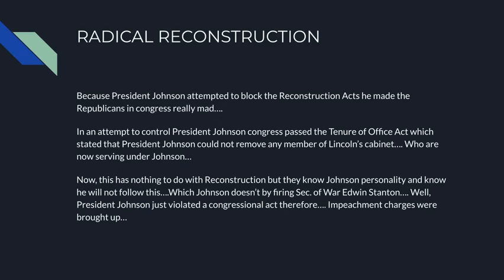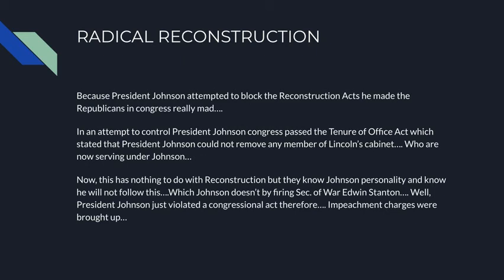It's basically just kind of a screw you move, all right, to President Johnson, knowing that Johnson would not follow it. Johnson's sitting here going, I'm the president of the United States. Who does Congress think they are? They're passing this on me? And so, this has nothing to do with Reconstruction, but they know his personality and know he will not follow this, which Johnson doesn't.